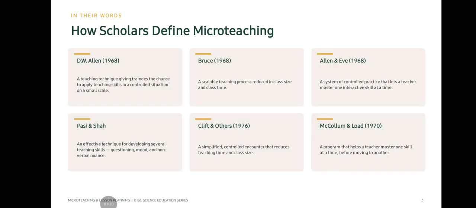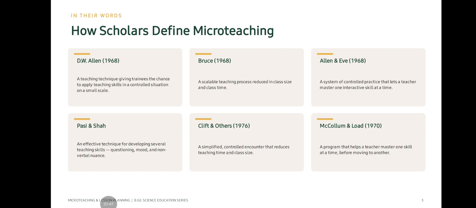So, how do scholars define micro teaching? A teaching technique giving trainees the chance to apply teaching skills in a controlled situation on a small scale. A scalable teaching process reduced in class size and class time. A system of controlled practice that lets a teacher master one interactive skill at a time.